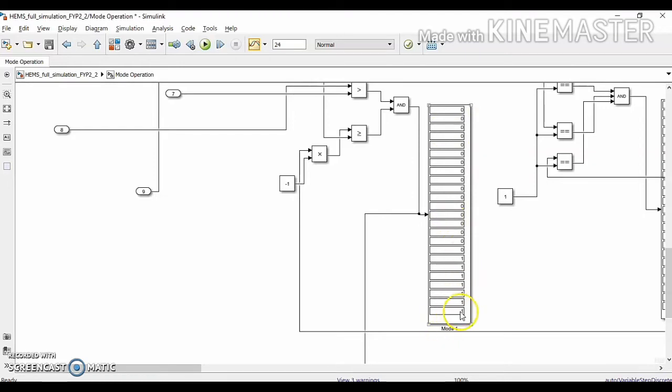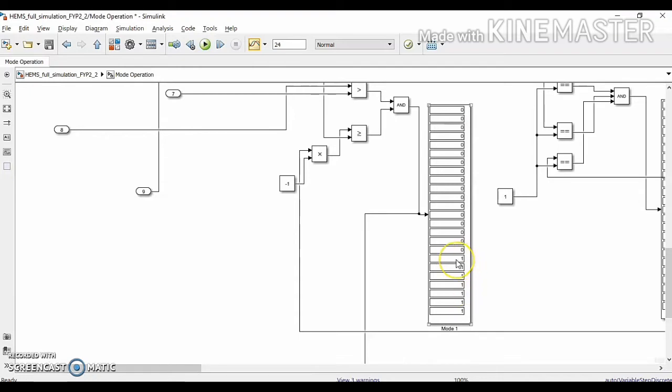For example, at 12 a.m., hour 24, mode 1 will be considered. For 11 p.m., mode 1 is also considered, but for 1 a.m., mode 1 is not considered because it is off-peak hour.